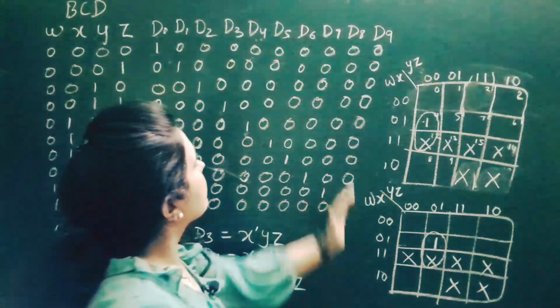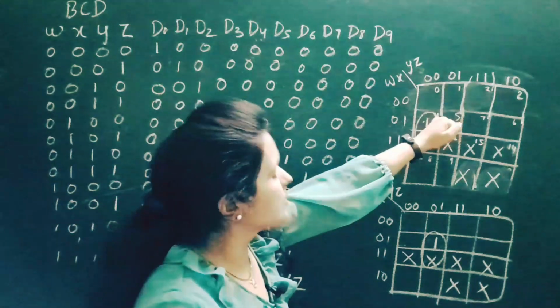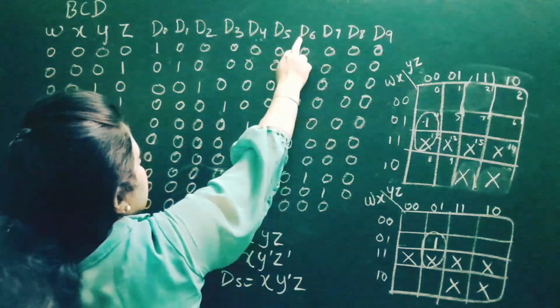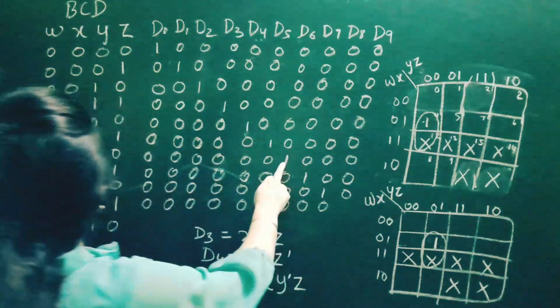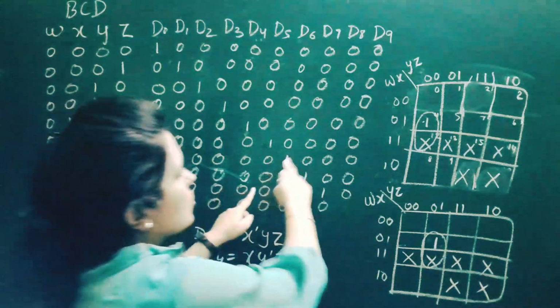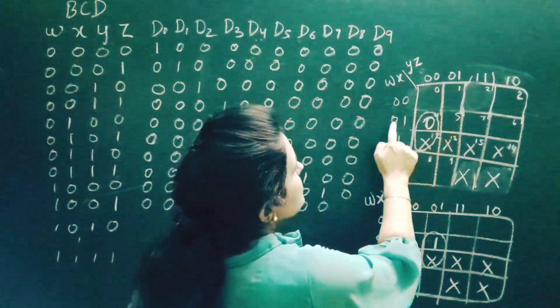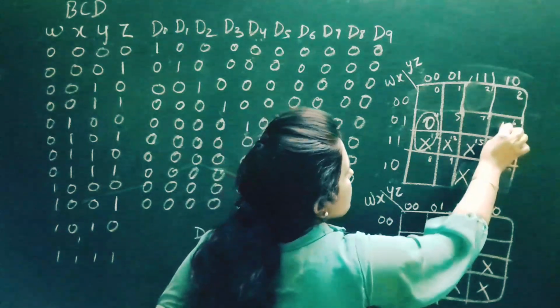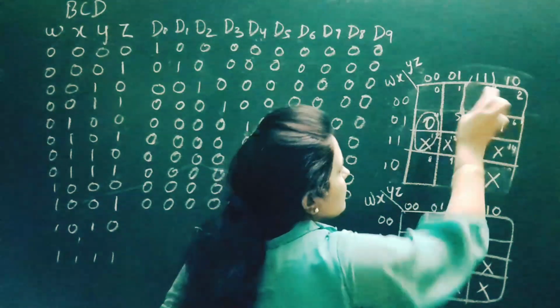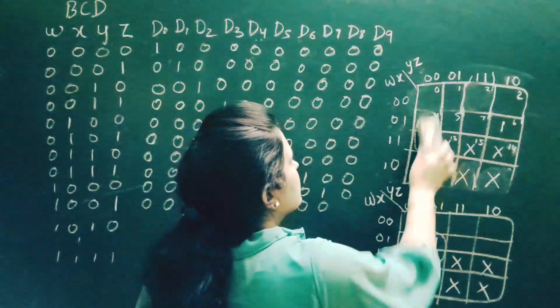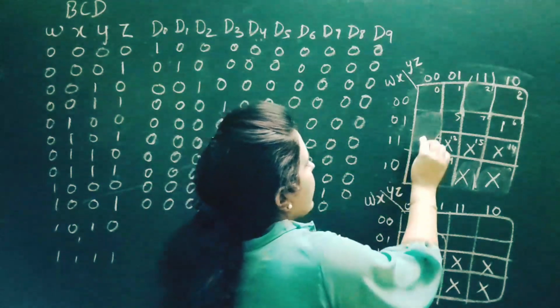Now we should draw the K-map for D6. So I am just making changes in this K-map only. D6 is 1 when the value of wxyz is 0 1 1 0. So we should write a 1 here, and we should remove this group. So here x only.